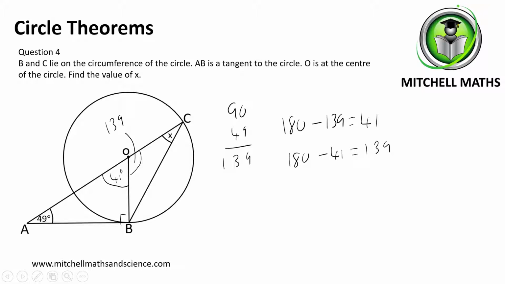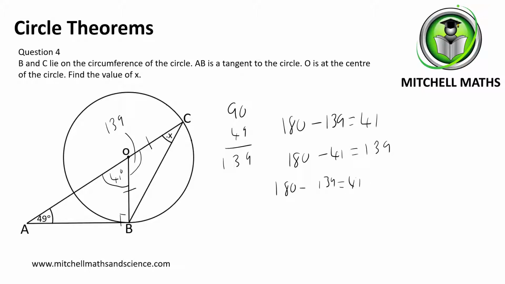And the other, we've got triangle OBC, which so far we've only got one angle for. But because O is at the centre of the circle, we know that OC and OB are both radii. And if we think back to the one before that, we know that if they're both radii, both sides are the same length. Therefore, what we've got is an isosceles triangle. What I need to do is 180 take away 139, which will be 41, as we've already done up there.